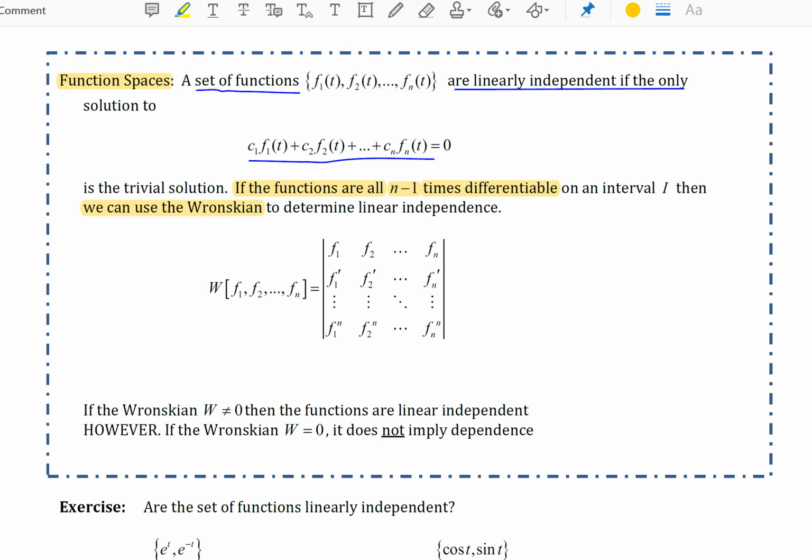The Wronskian is created by looking at a matrix where the first row of the matrix is your functions, the second row is the first derivative of your functions, and it goes all the way up to the n minus 1 derivative.